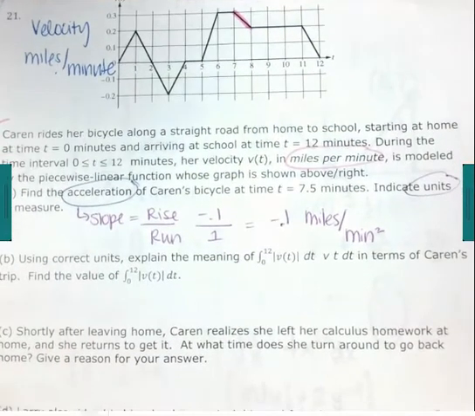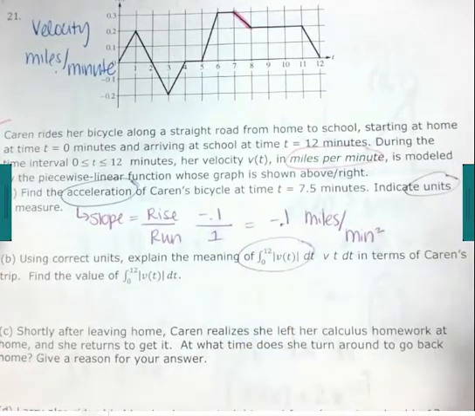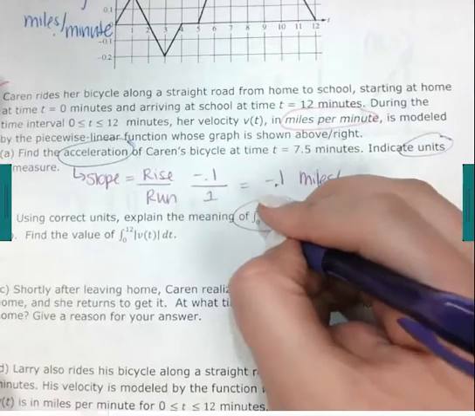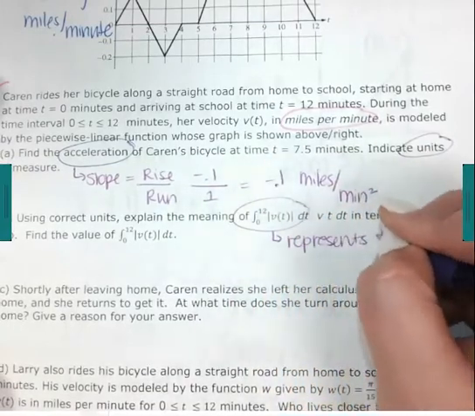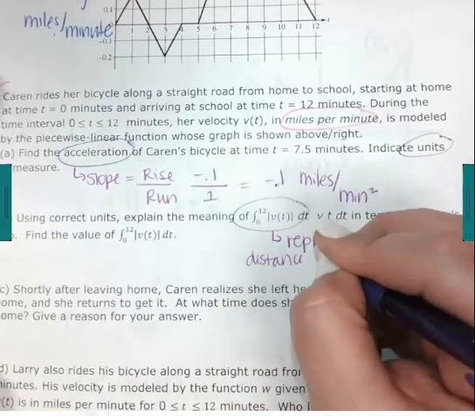Okay? Yes. Okay, part B. What is the meaning of the integral of the absolute value of velocity? Distance traveled. Very good. So this represents the total distance traveled by who?